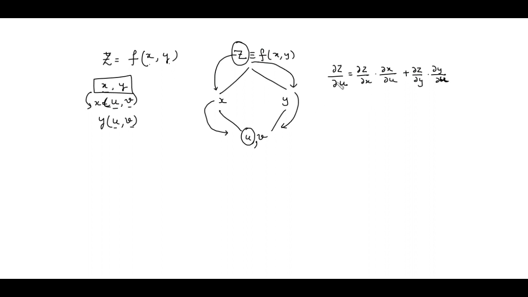So in this way we can apply the chain rule and find the partial derivative of z with respect to u.